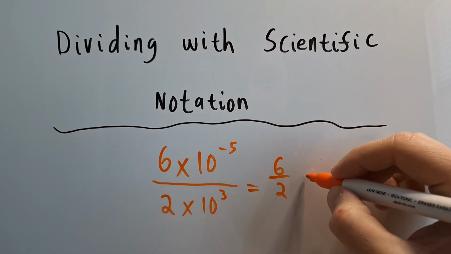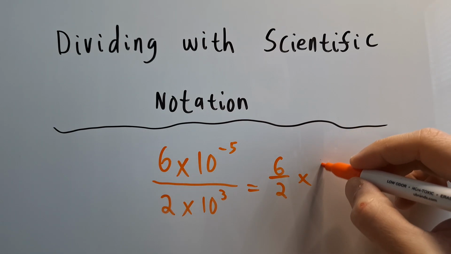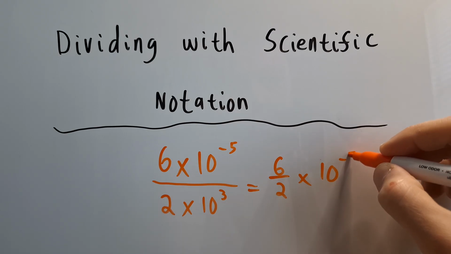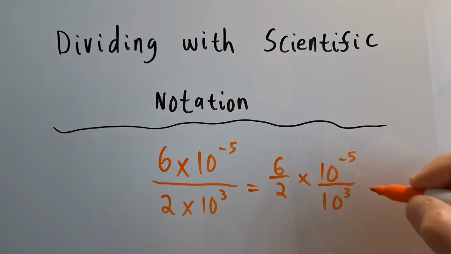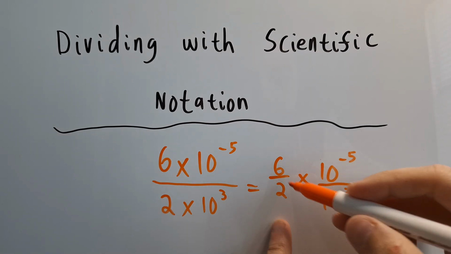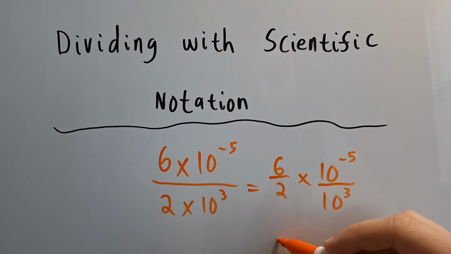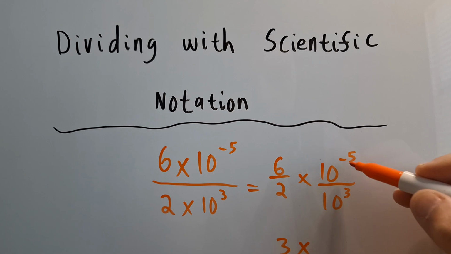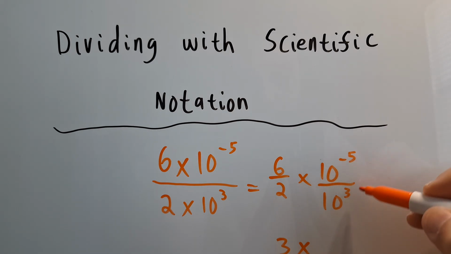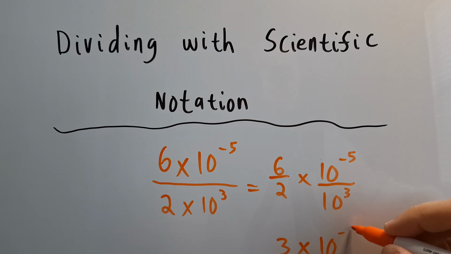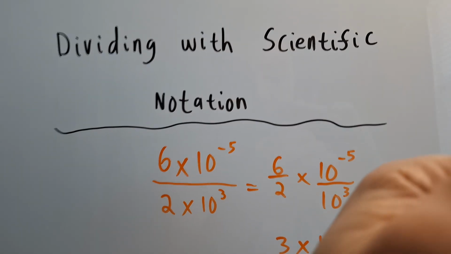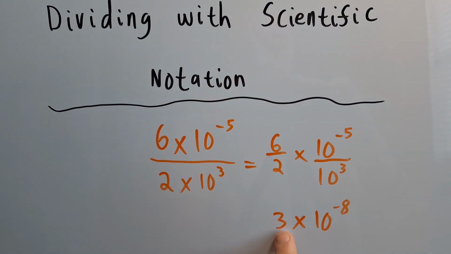So 6 divided by 2 times 10 to the power of -5 over 10 to the power of 3. This division results in 3. Subtract the exponents, so -5 minus 3 gives me -8. And this is a good answer because this number is in between 1 and 10.